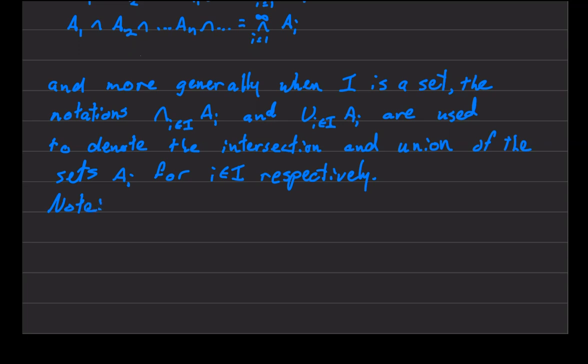Note that we have the intersection for element i in set I over Ai is equal to the set of all x such that for all i in set I, x is in Ai.